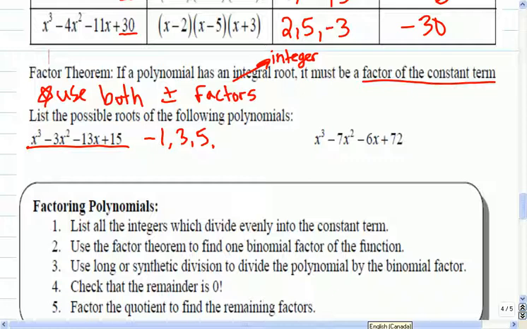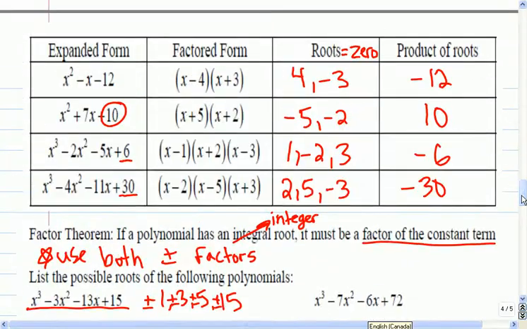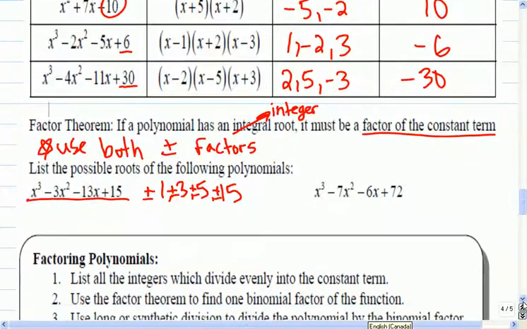It's hard because it's an obvious 15. Yeah, 15. But like I had said, make sure you're doing both the positive and negatives. Because when we start off here, there's a negative 3, but we don't know that that's going to be one of them from the original number. So we take both the positives and the negatives.